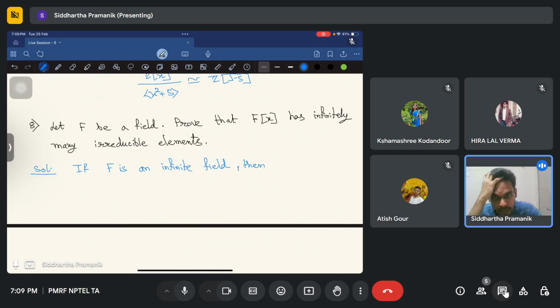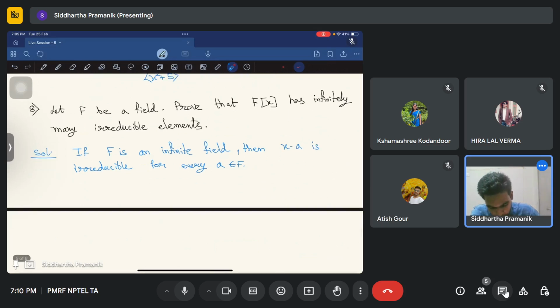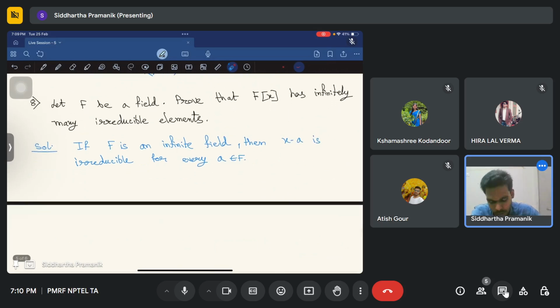Remember that degree 1 polynomials are always irreducible over a field. So x minus a is irreducible for every a belongs to F, and F is an infinite field, so there are infinitely many a, so there are infinitely many x minus a. So in case of an infinite field, this is very easy to prove. But what happens in case of finite fields?